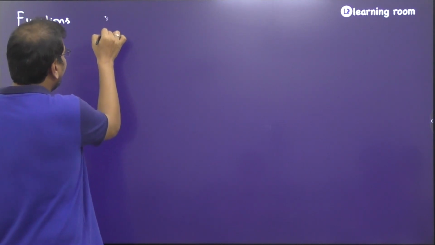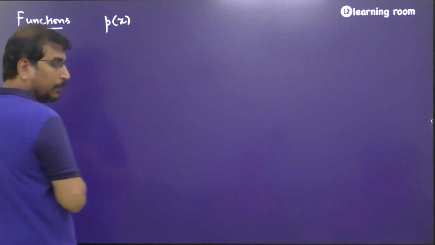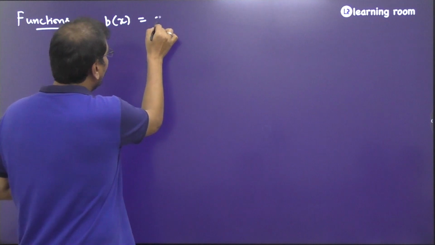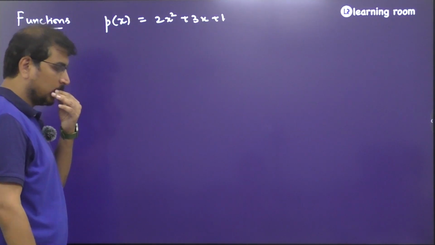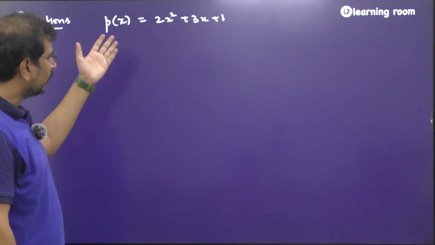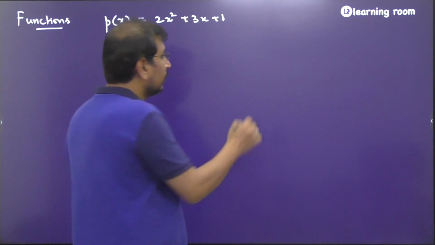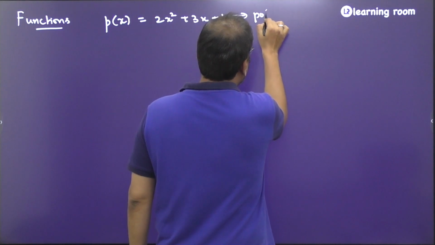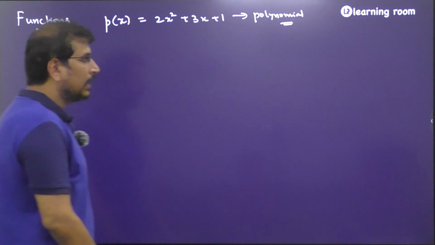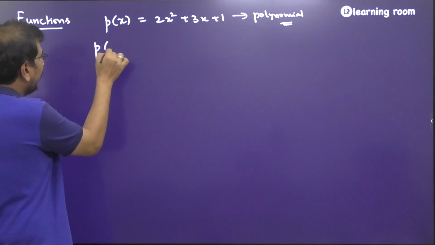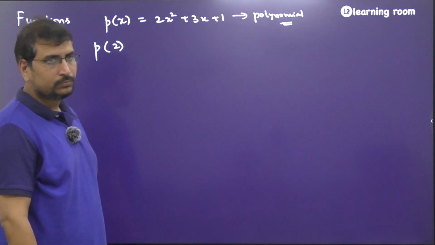See, in your lower grades, if I give something like this, P of x is equal to 2x squared plus 3x plus 1. Right? Something like this was given. What is this? Basically, what polynomial is this? So it's a quadratic polynomial, right? Now, if I ask you what is P of 2, what will you do?